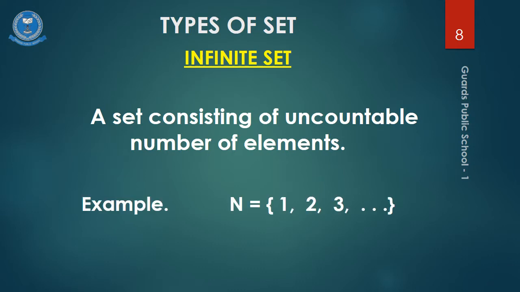Here the example is of natural numbers represented by capital N, and it equals curly bracket starting from 1, 2, 3, and here these dots represent that the set goes onwards, which means you cannot count how many digits are there in natural numbers. If you cannot count, that means it is an uncountable set, and an uncountable set is called an infinite set.